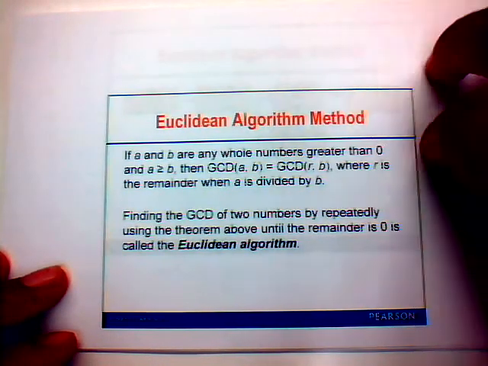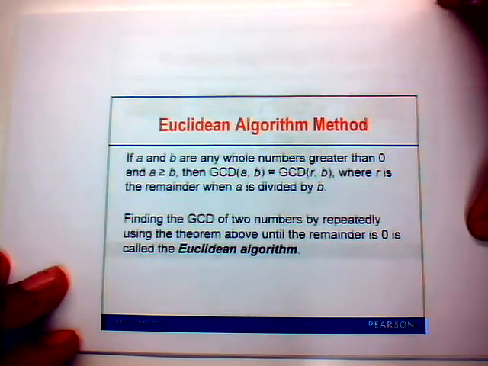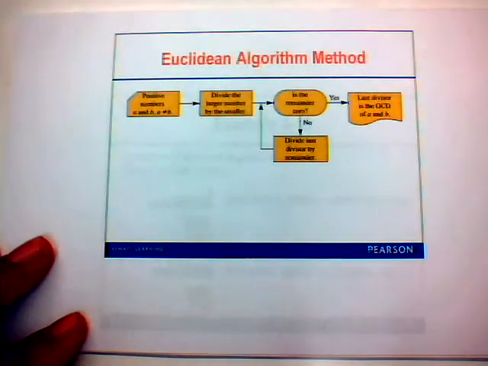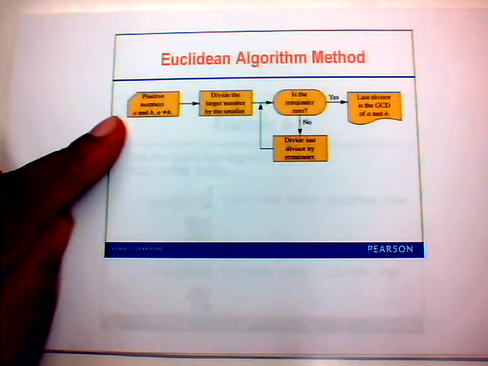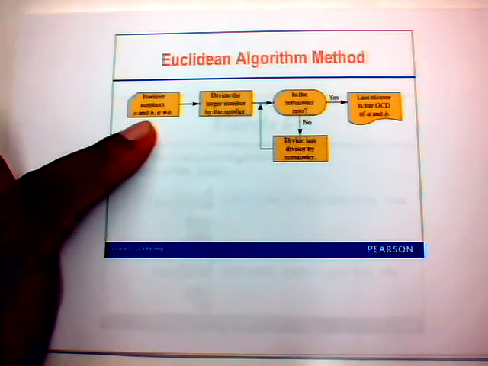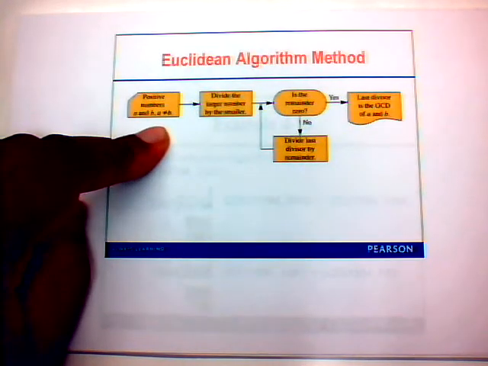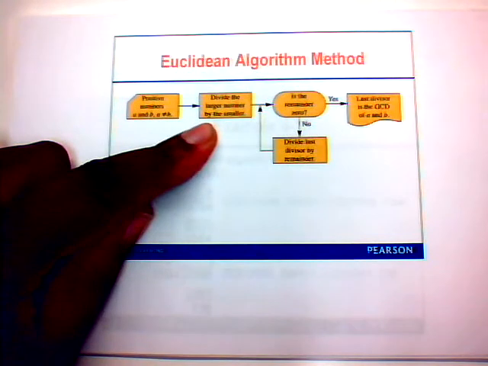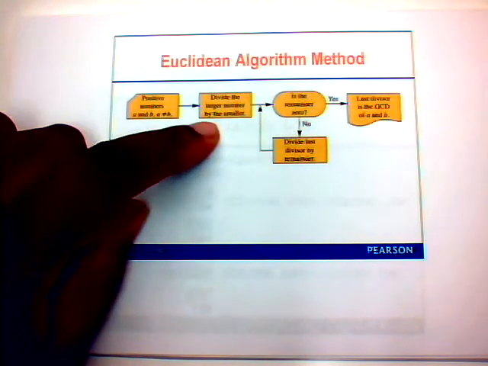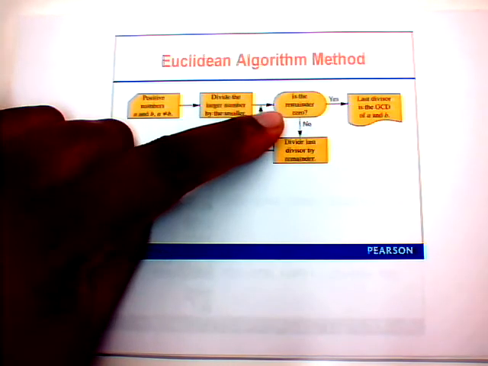Okay, and this next thing I'm going to show you is the Euclidean algorithm method. First of all, you have to have positive numbers A and B where A is not equal to B. You're going to take the larger number and divide that by the smaller number. And then you're going to ask yourself, is the remainder 0?